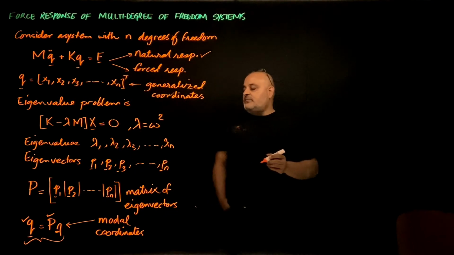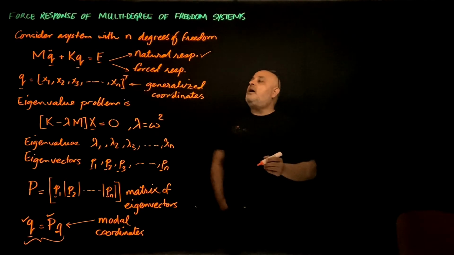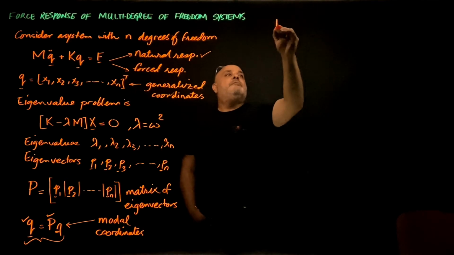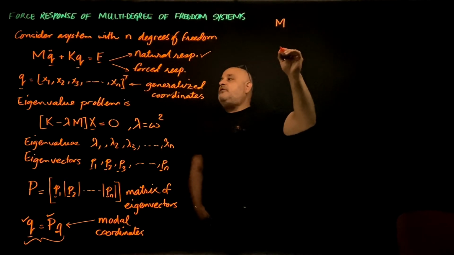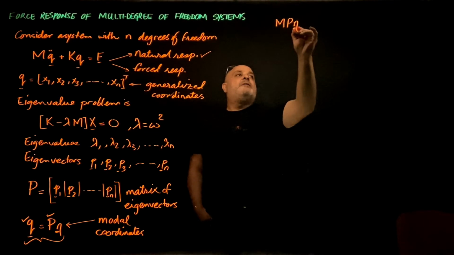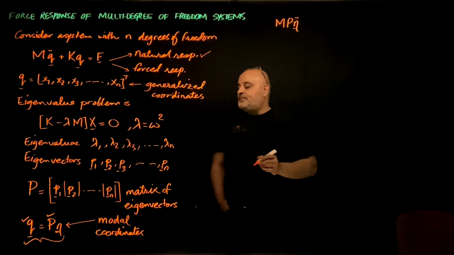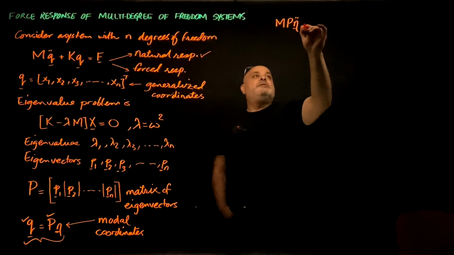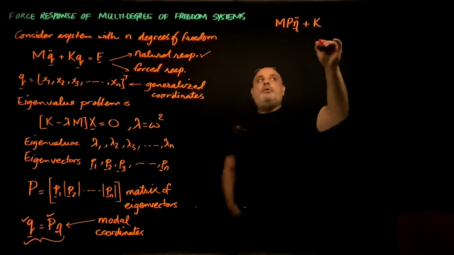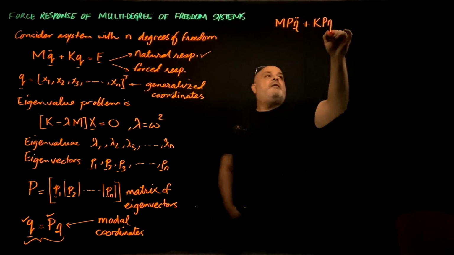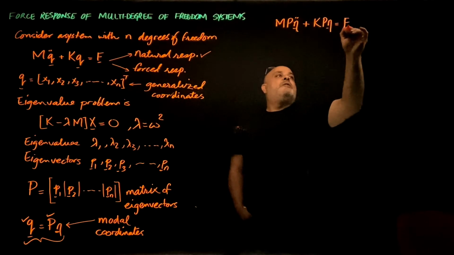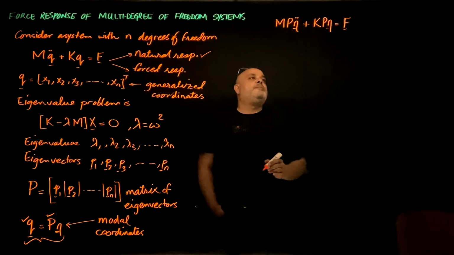Substitute P times eta for Q. So the system becomes matrix M, and instead of Q double dot, I will have P eta double dot plus K, and replace Q by P eta equals the force vector F.